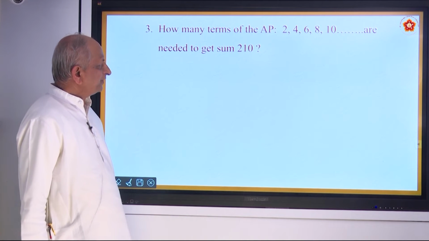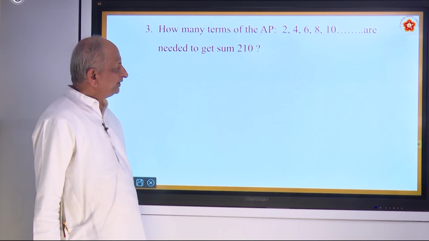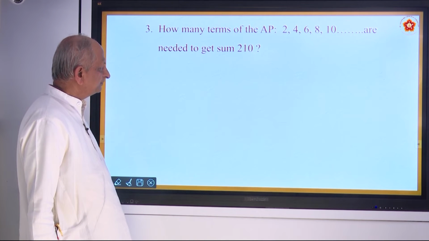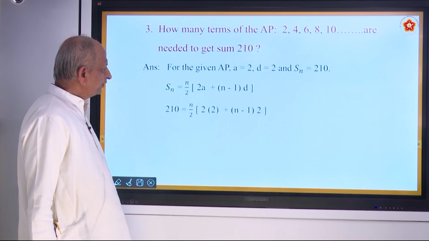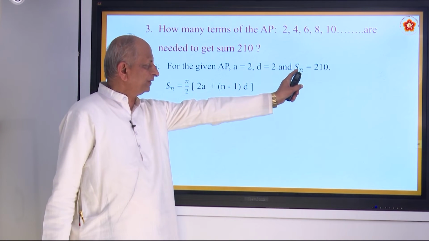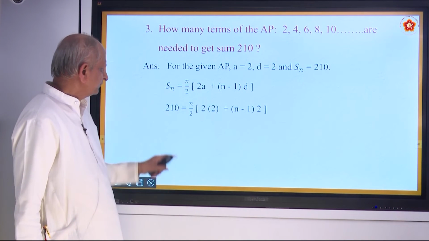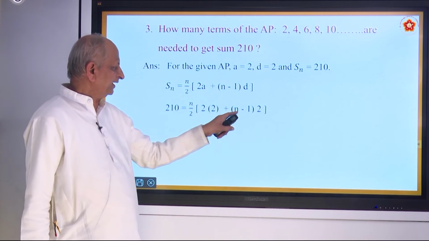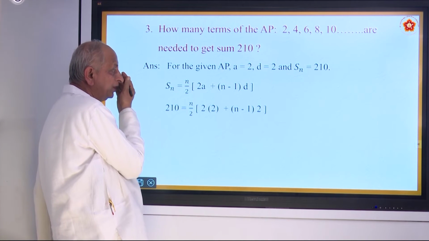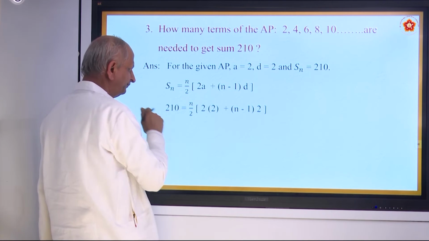How many terms of the AP 2, 4, 6, 8, 10 are needed to get sum of 210? So here a is 2, d is 2, difference is 2, and Sn is equal to 210. You have to find the number n. Use the formula Sn equals n by 2 into 2a plus n minus 1 into d.